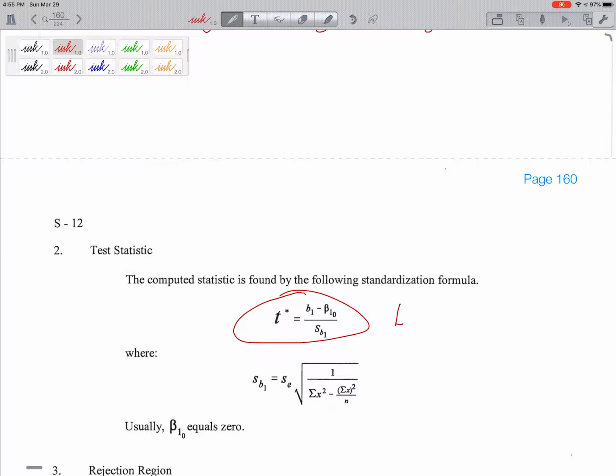So you've seen this before in this form. t-star is equal to x bar minus some hypothesized mu divided by s divided by the square root of n. And this is just the standard error of the x's. Okay, so it's not the standard deviation of the x's, but the standard error.